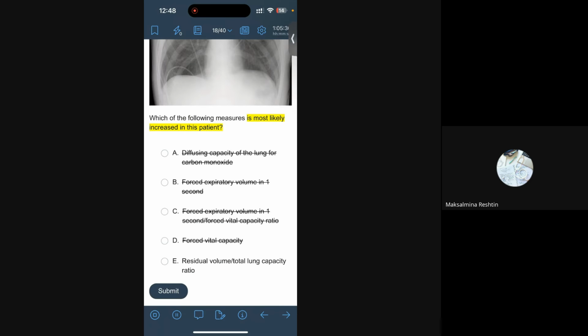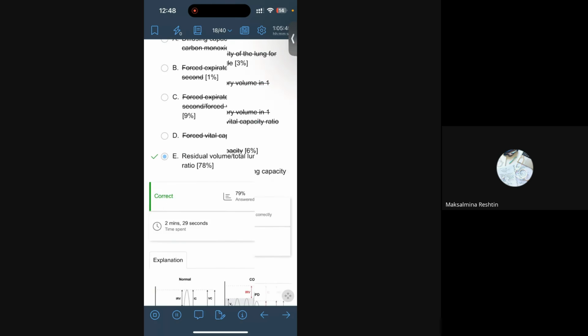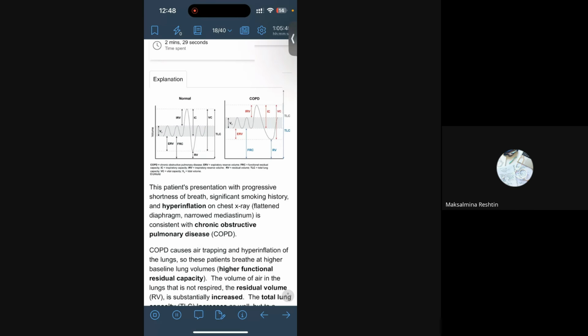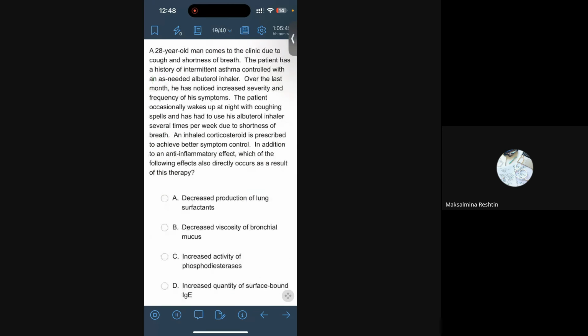That's why the ratio here is increased. There were two graphs, one normal and the other for COPD, and the answer to that question was also this ratio.